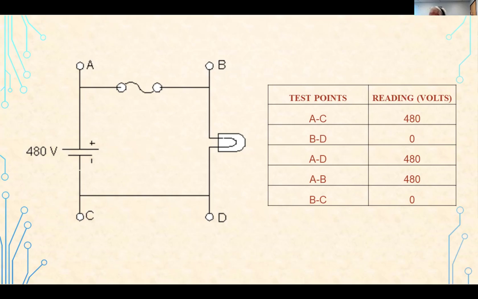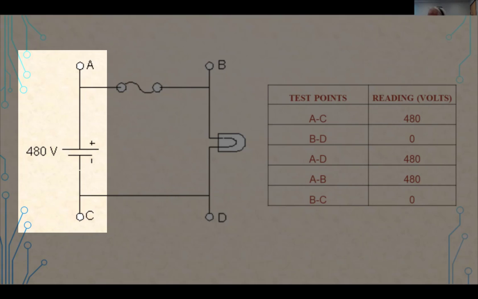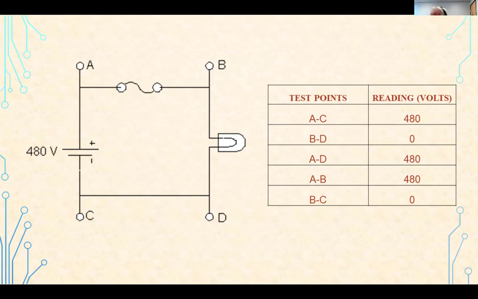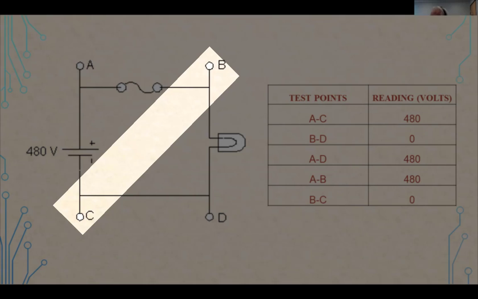Yeah. So I heard, and also I heard that A to C was reading, but A to C is right across the battery. So, you know, that doesn't really have anything to do with this. I heard A to D was 0. No, it was B to C. B to C, yeah, is 0.